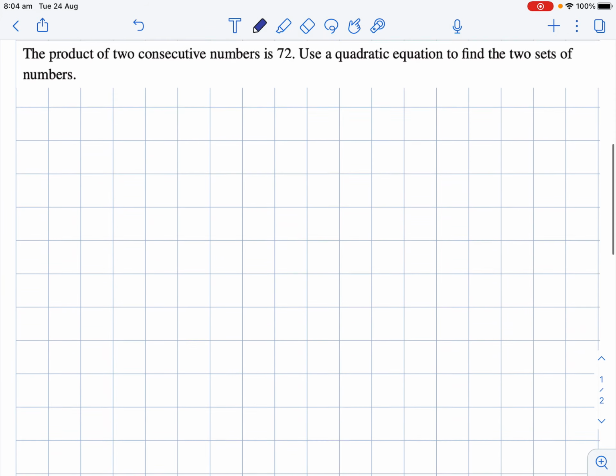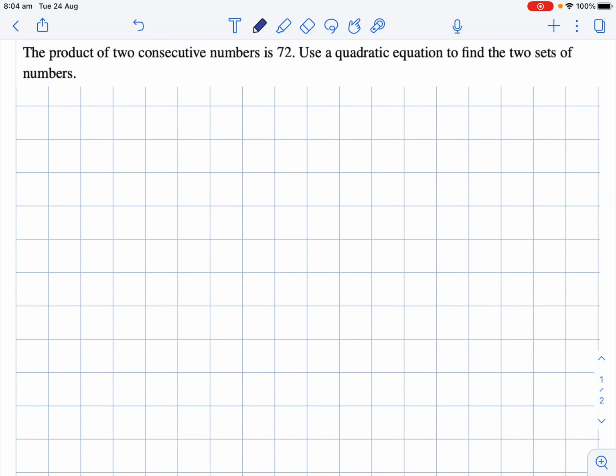This is a classic problem that I remember getting when I was in primary school. We have the product of two consecutive numbers is 72. So product, let's actually highlight some of our key information. Product means times.